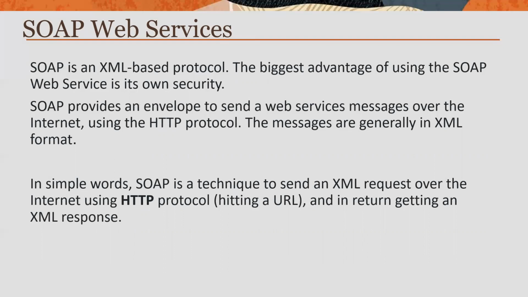So we will give an XML request over the internet, and it will return an XML response. If you see, we are giving an XML request and getting an XML response.